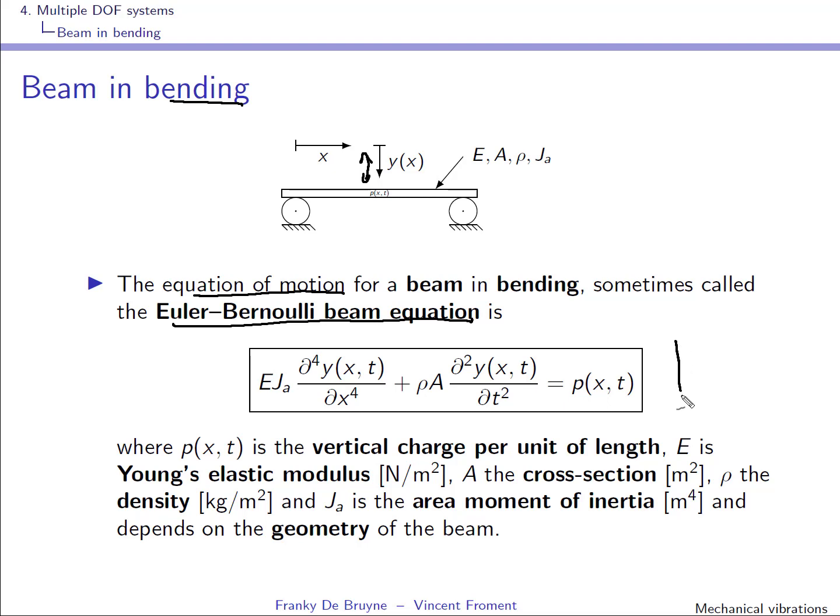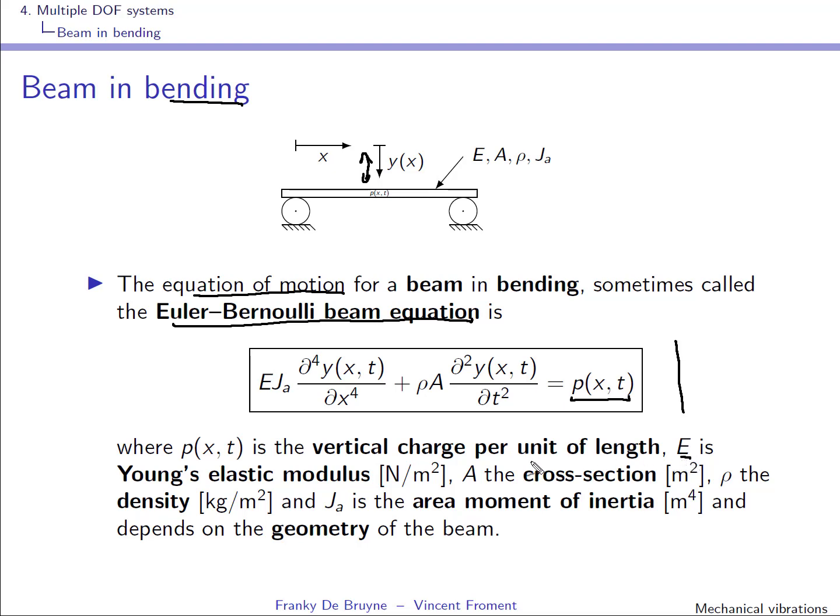This equation involves parameters that we know, except maybe this parameter over here, p of x, t. Well, it's the vertical charge per unit of length at position x at time t. As I've said, the other parameters are known.